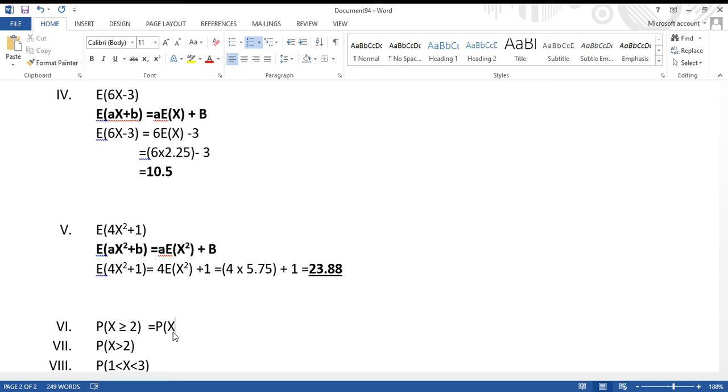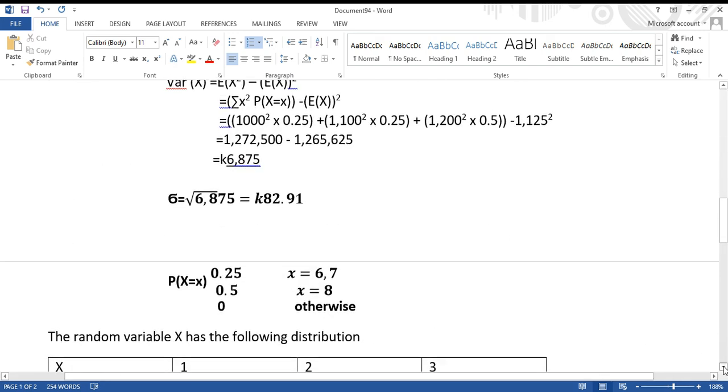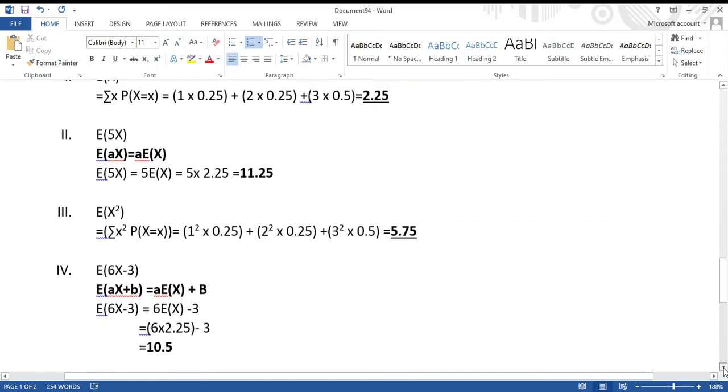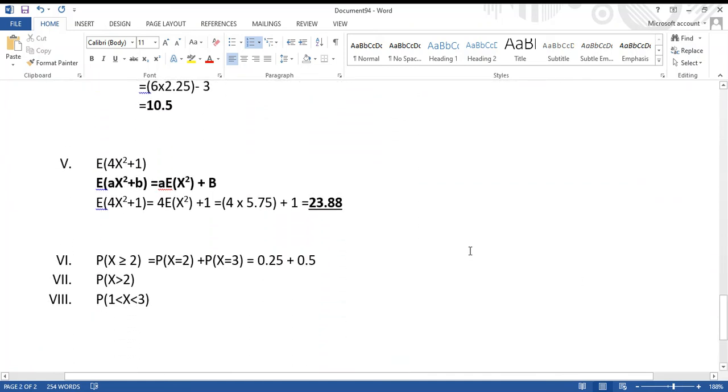It can either be 2 itself, or it can be greater than 2, which is 3 at the moment. So we're adding. The probability of the random variable being 2 is 0.25, and the probability of it being 3 is 0.5. Let me just confirm on our table here. Yes, so 0.25 plus 0.5 is 0.75.